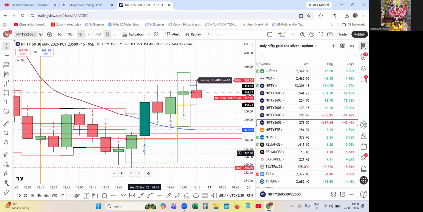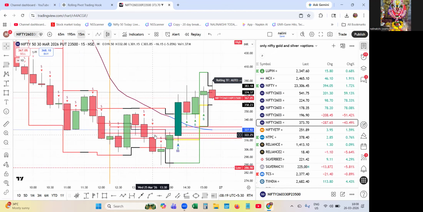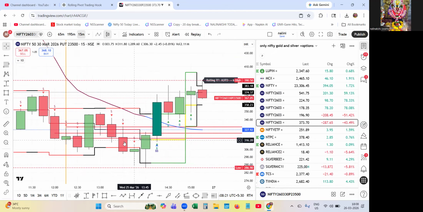So, with the red pivots, they were red at 12:15, pivot, R1 and S1. Here, it is changing to yellow and green. All are turning into green. So, let us check even for the entry.